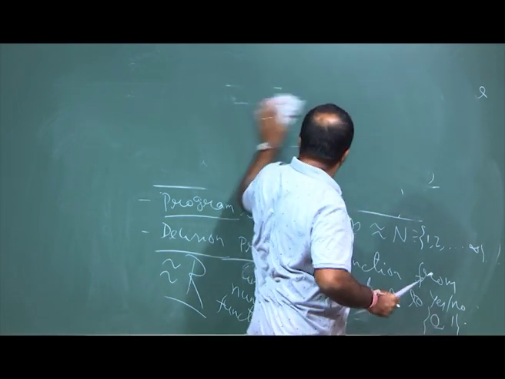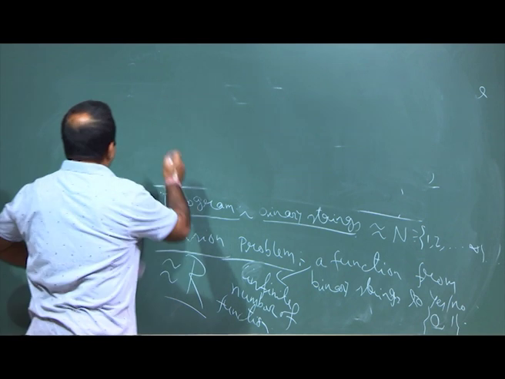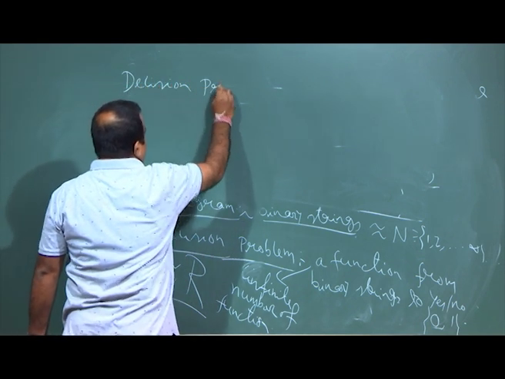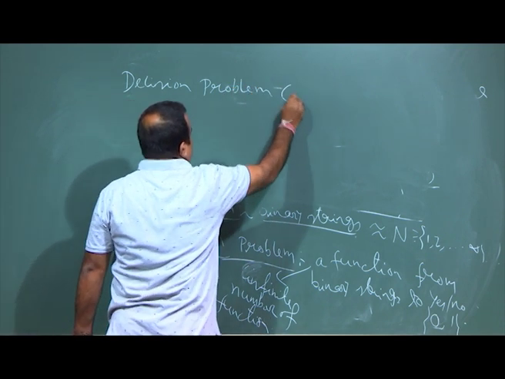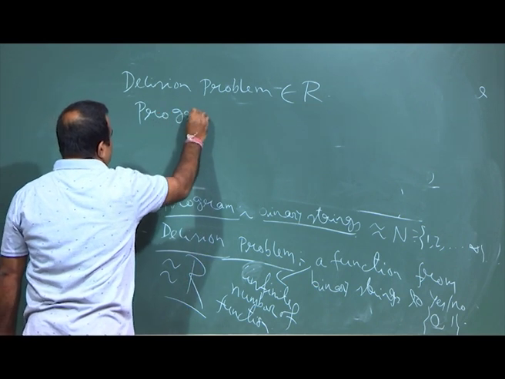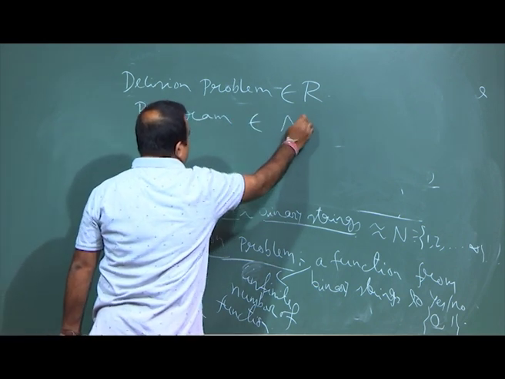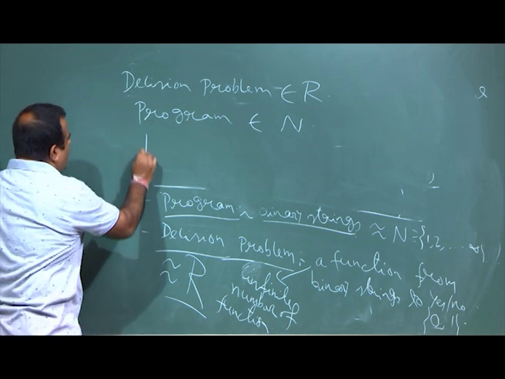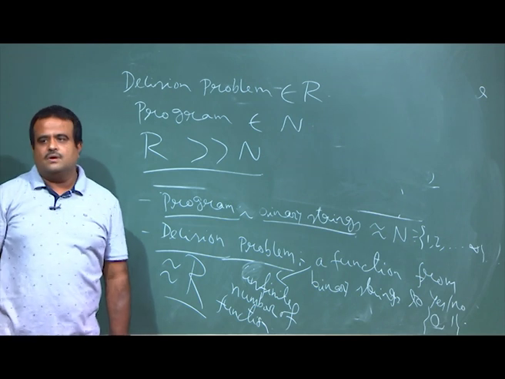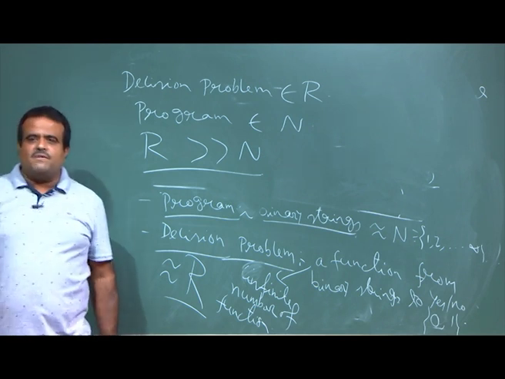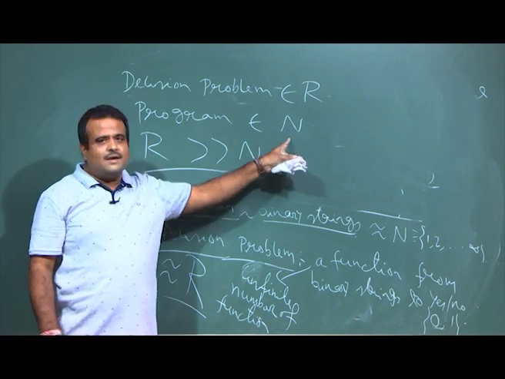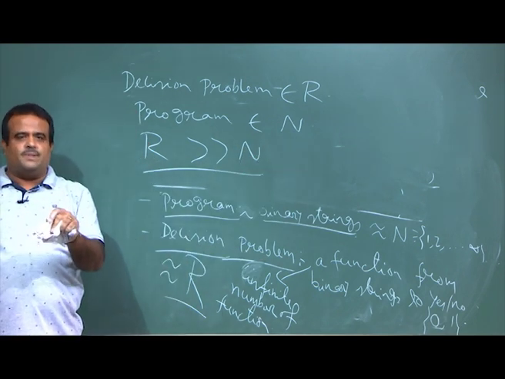Our decision problems belong to the R set, and our computer programs belong to the N set. Now R is far greater than N. That means we have very few programs for our solutions, because each program gives a solution to a particular problem.